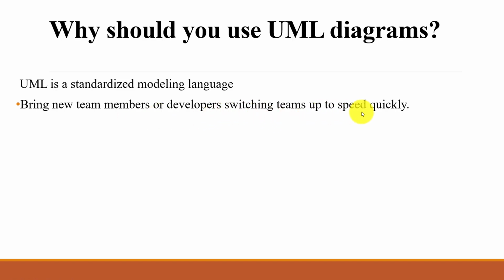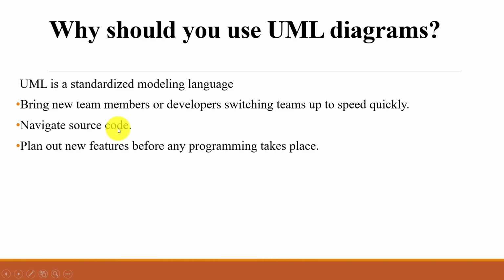If we have UML diagrams, a collection of diagrams describing your system architecture, system design, etc., new members can easily recognize and navigate the source code, because we are mainly focused on the pictorial representation of the architecture or design of your system. The developer can plan a new feature before programming takes place.